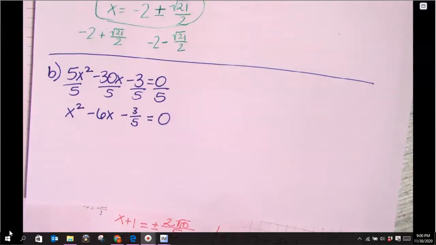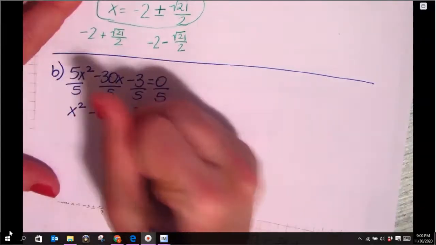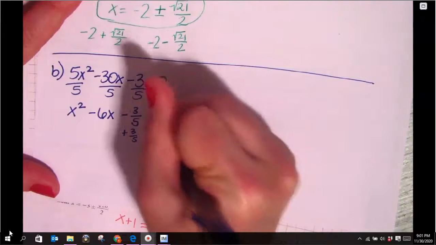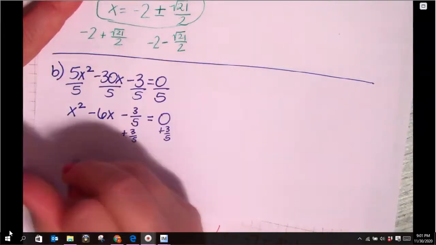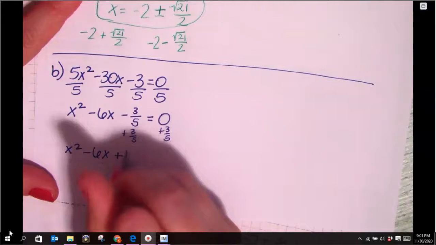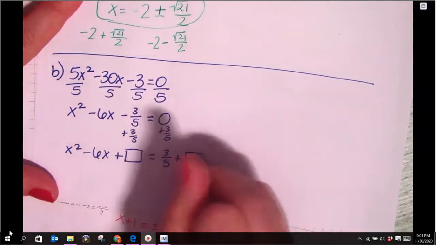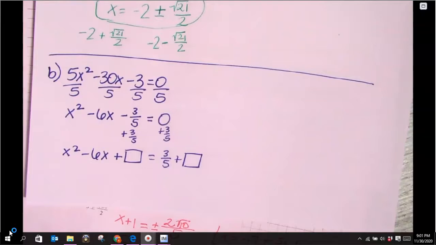Just like with the last one, we need to move this negative 3/5. So I'm going to add that to the other side. That gives me my space for my box. Always plus a box. And same thing on this side, plus a box. Now, do you remember what we do to get into the box?